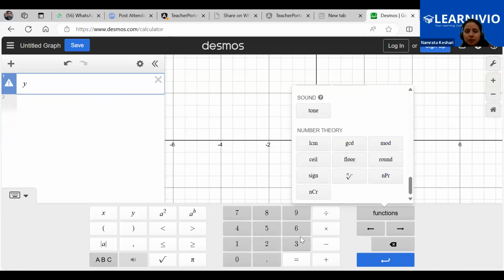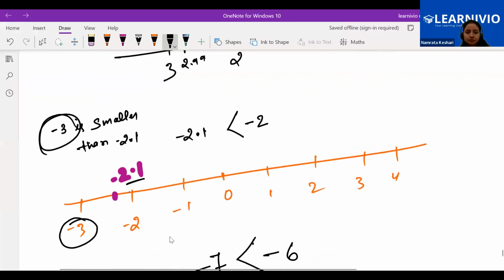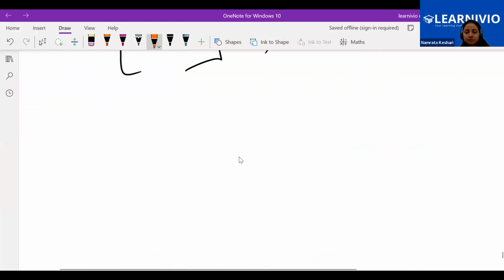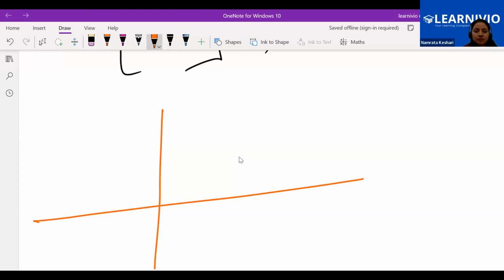Let me show you on the screen by just plotting the graph. 1, 2, 3, 4, 5. 1, 2, 3, 4. The graph will look like this.